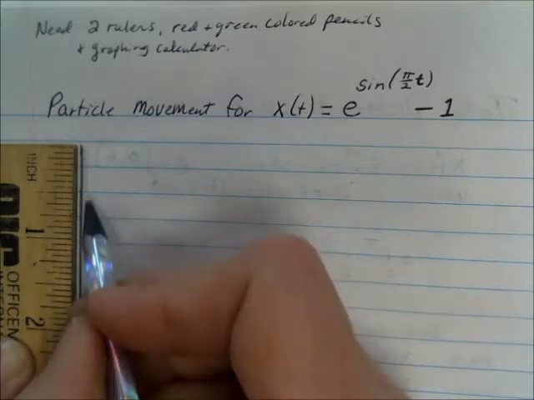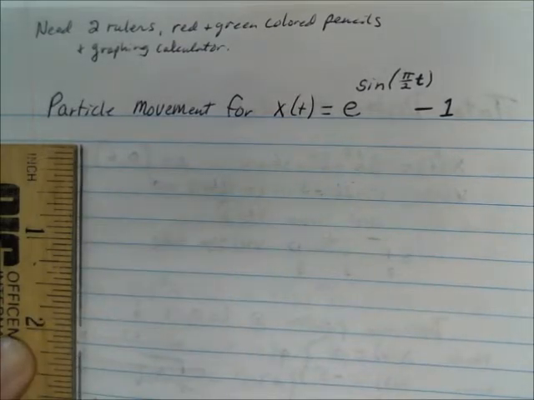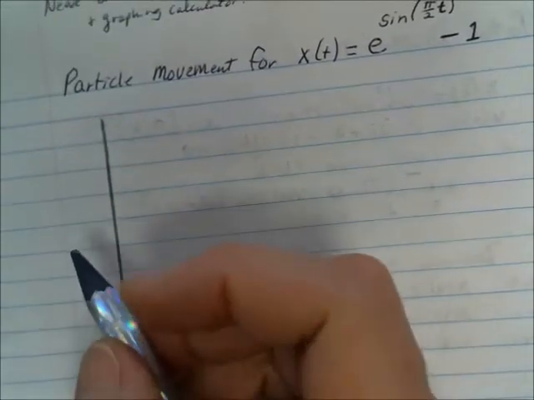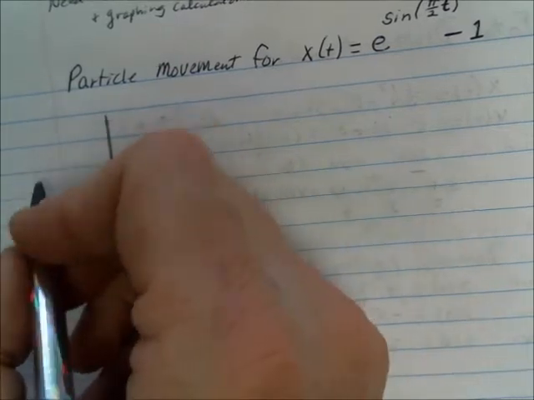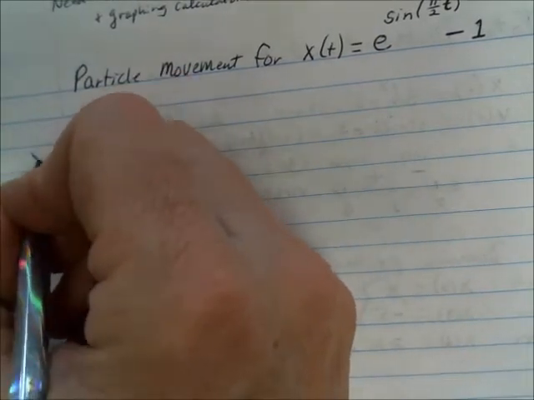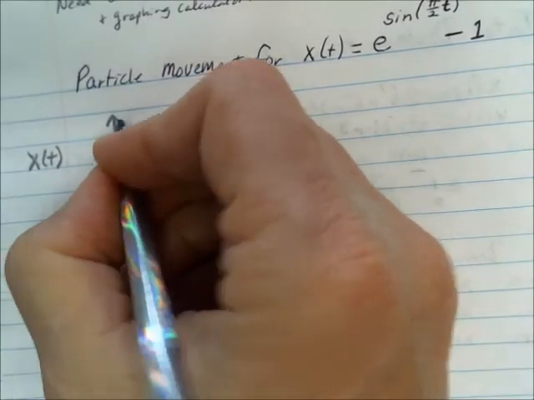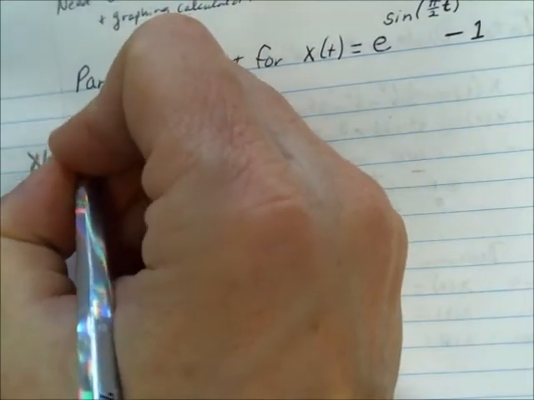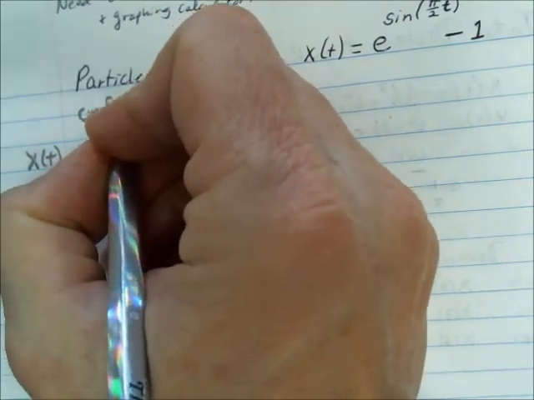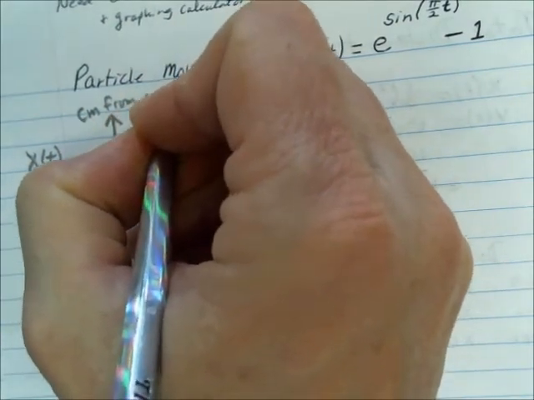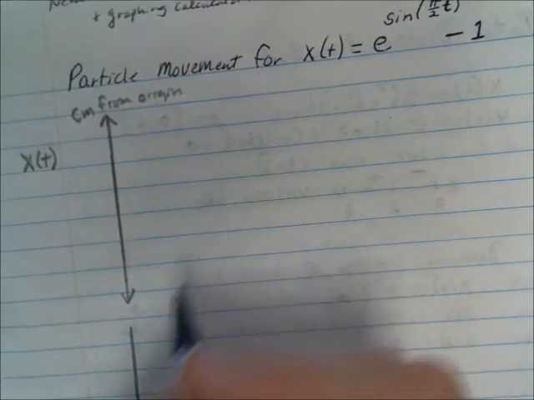So you've got 3 of them, these are like your y-axes, all lined up perfectly straight in a row. This first y-axis is going to represent x of t, and this x of t is going to be in centimeters from the origin. That's what this y-axis represents.